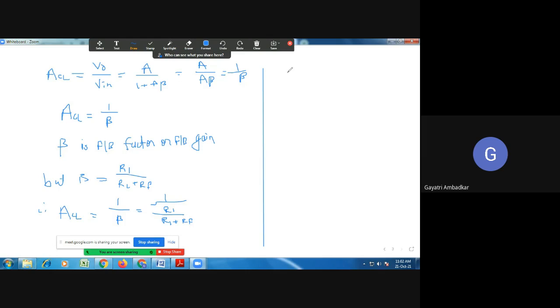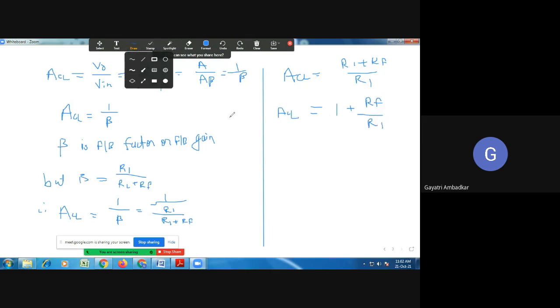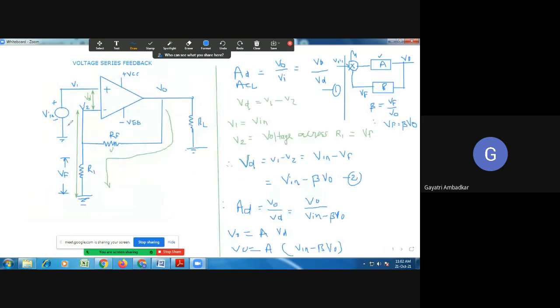So that can be written as ACL is equal to R1 plus RF upon R1, which can be written as R1 upon R1, which is 1 plus RF by R1. So this is the closed loop gain of the op-amp when you are applying input to the positive terminal.